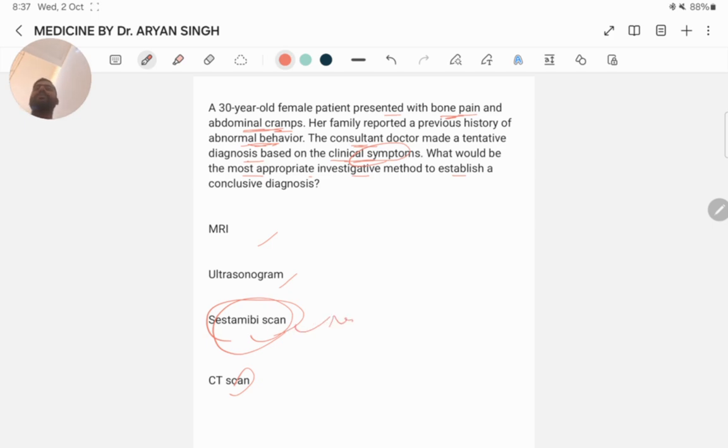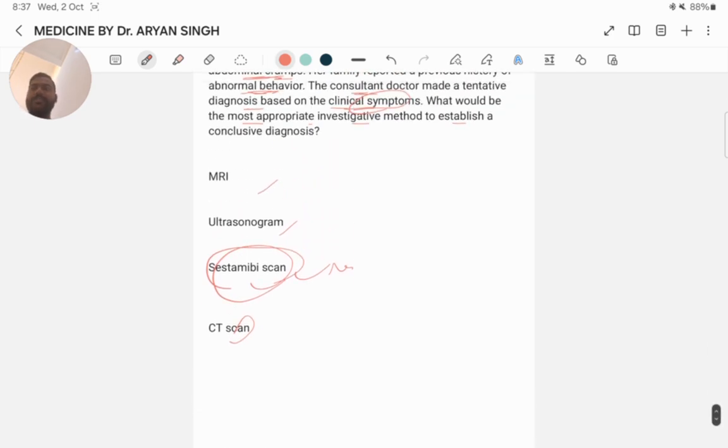Because the presence of bone pain, abdominal cramps, and history of abnormal behavior point towards primary hyperparathyroidism, most commonly caused by a parathyroid adenoma, and therefore the CRT scan is the best answer according to the question.